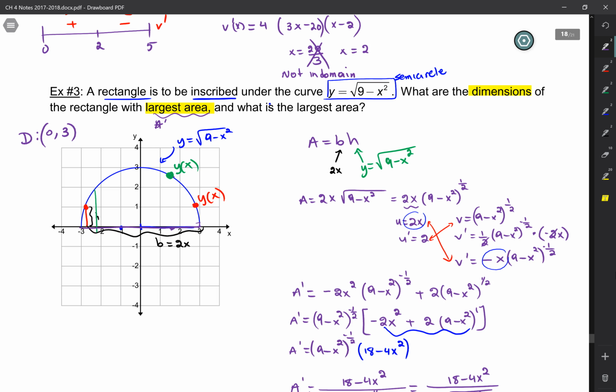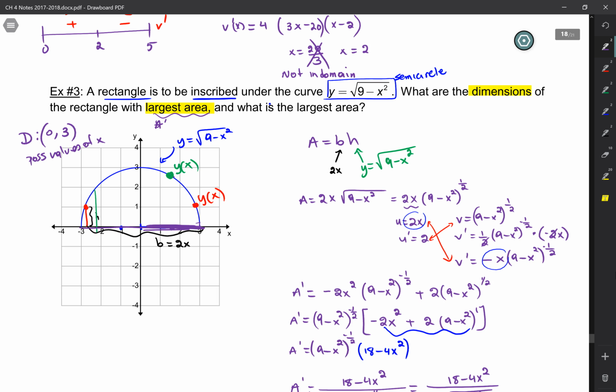Why is it 0? Would it be negative? No, the domain is all the values of x. So the domain is the possible values of x. What is x? X is that distance, right? X can't be negative because x represents a portion of the length of the triangle.